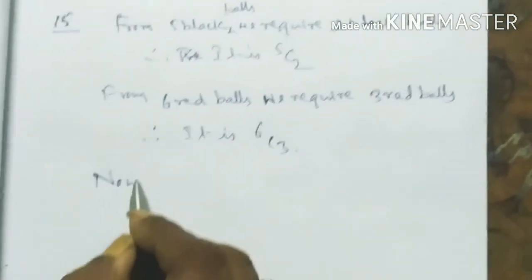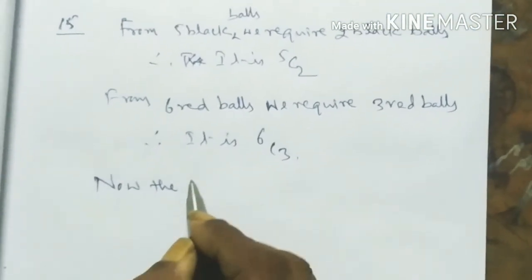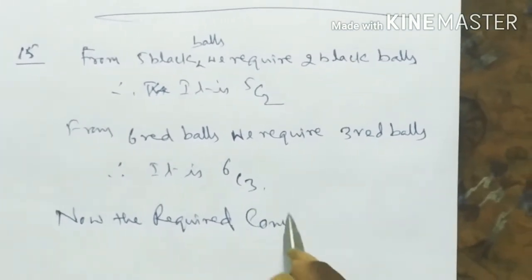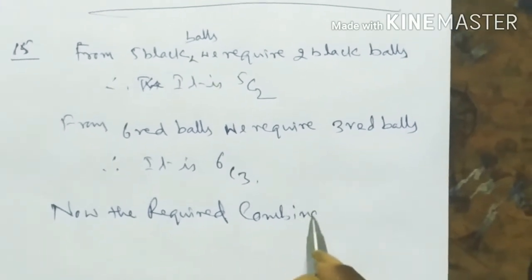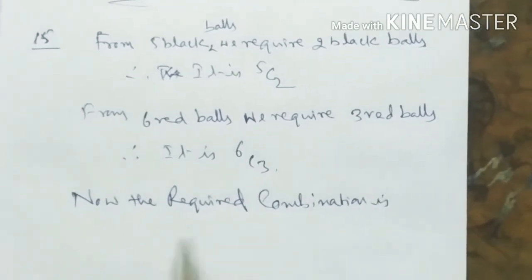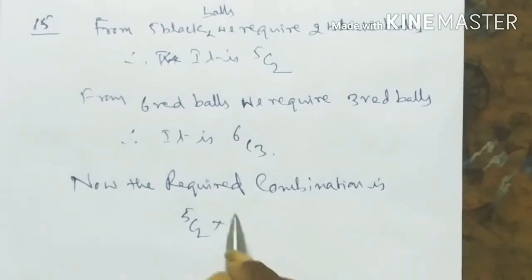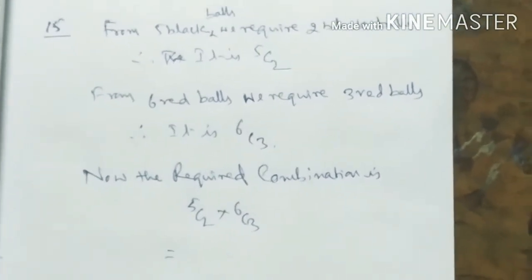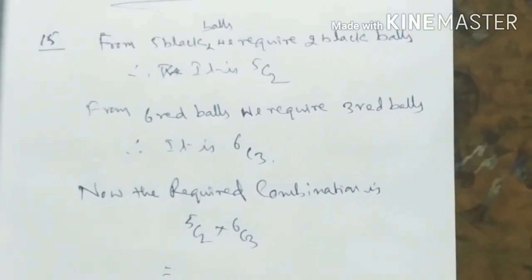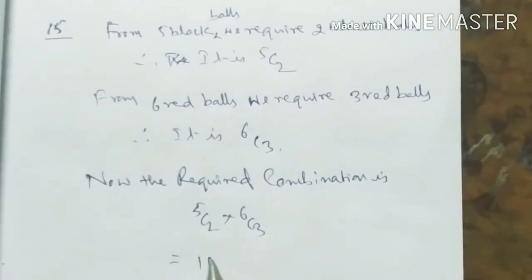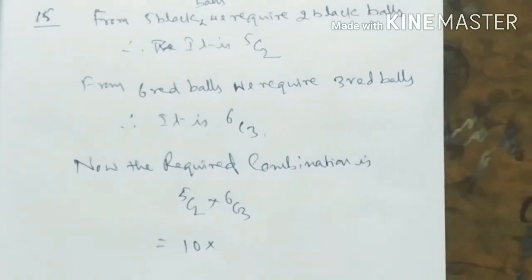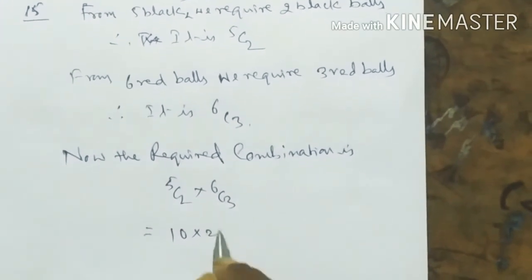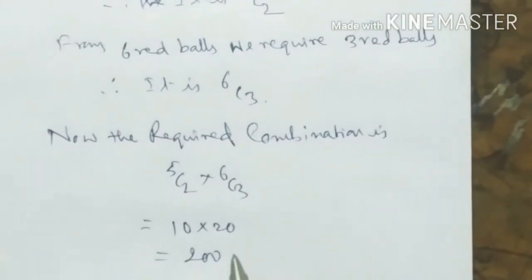Now the required combination is 5C2 into 6C3. By the help of calculator, I am getting 5C2, which is 10, and 6C3, it is 20. So it comes out to be 200.